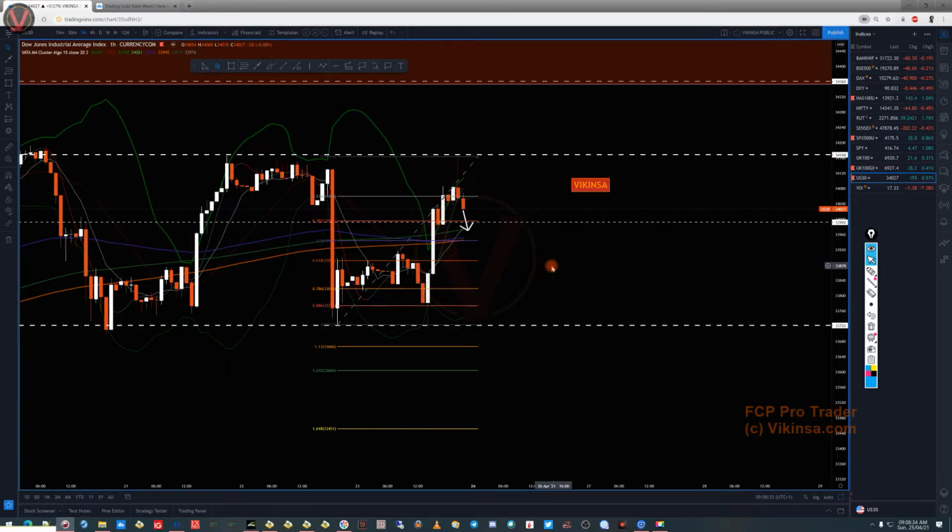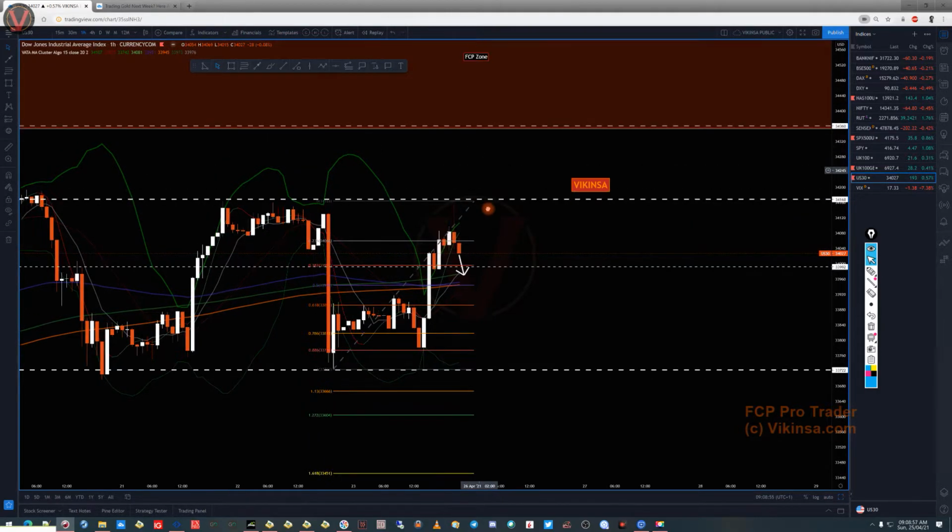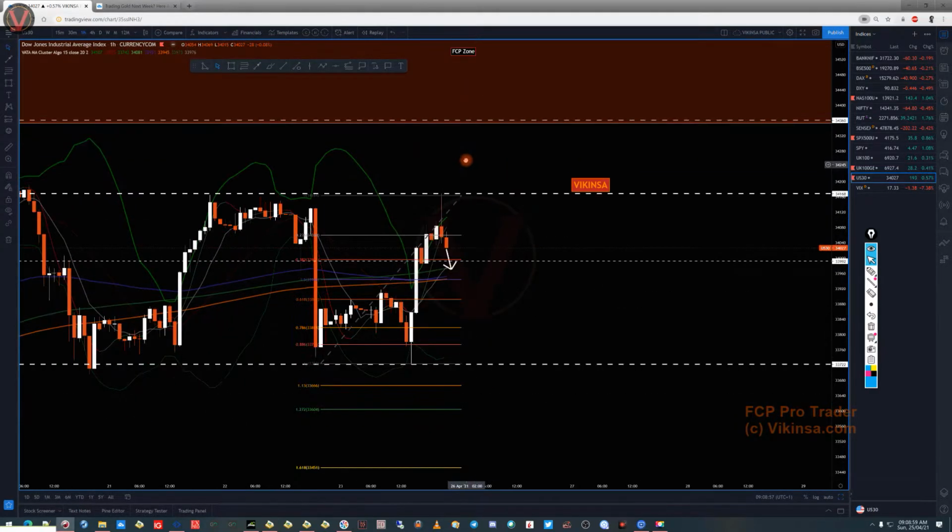But that is not for everyone, because not everybody is taking position trades. So if you're a short-term trader, then you should be looking at daily and hourly or 4-hourly time frames here. Okay, so this is what we have on US30. If the market starts to go higher than this, then the next level is going to be this, and you already have levels on higher time frames, so you can refer to them.